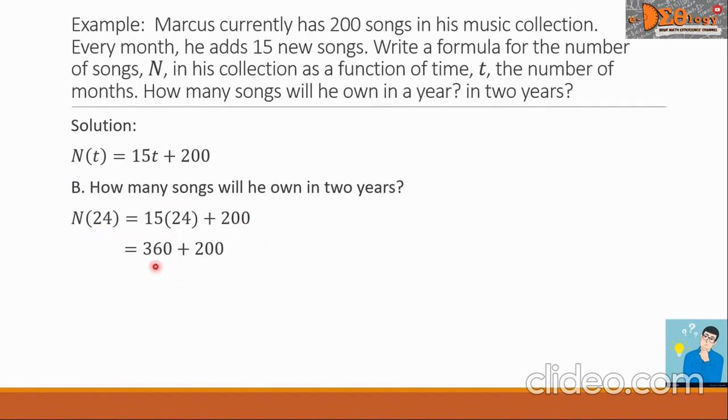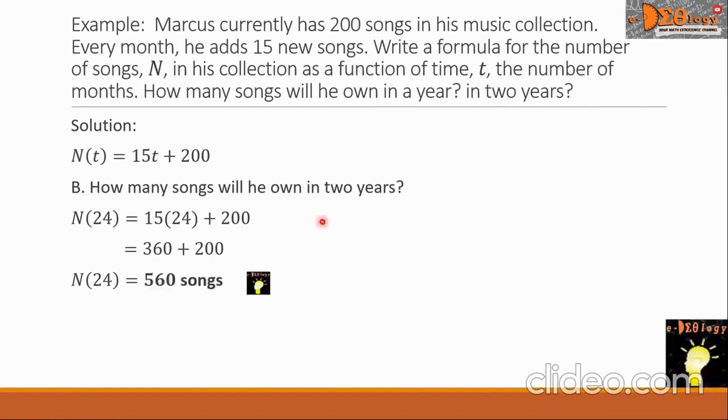Simplifying further, we will take the sum 360 plus 200 equals 560. Thus, Marcus has 560 songs in 2 years. This is our final answer.